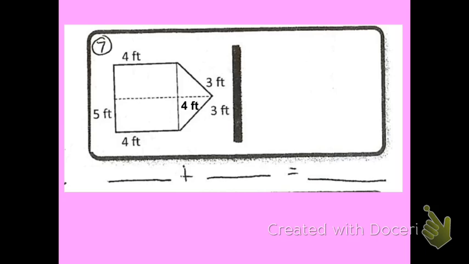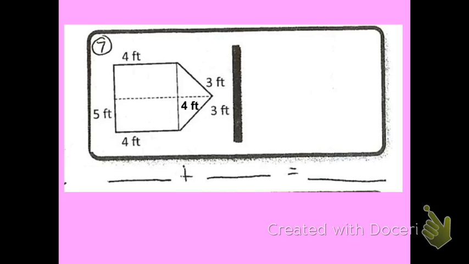Okay, we're going to do number 7 together because number 7 tends to confuse people. It is made up of two shapes. For a second, ignore the dashed line down the middle. I'm going to tell you why it's there in a second. But if you ignore the dashed line, what are the two shapes it's made of? A rectangle and a triangle.